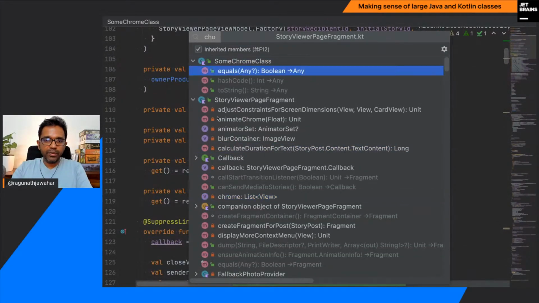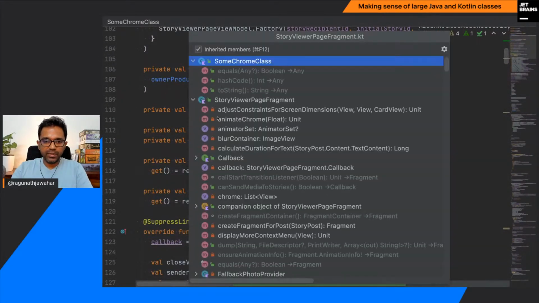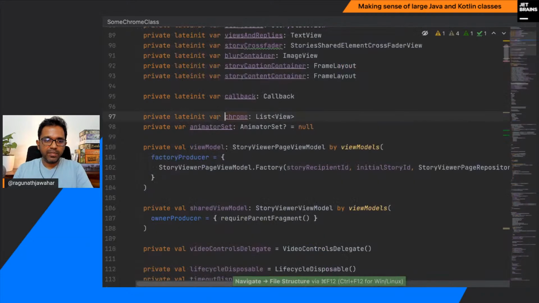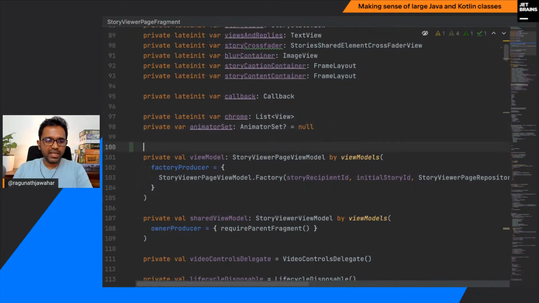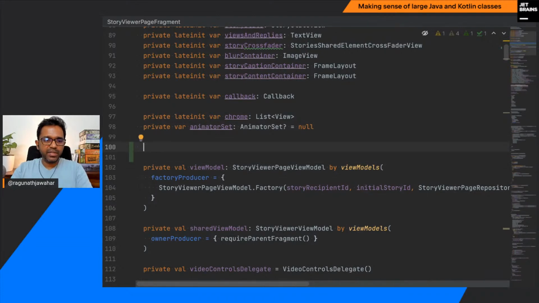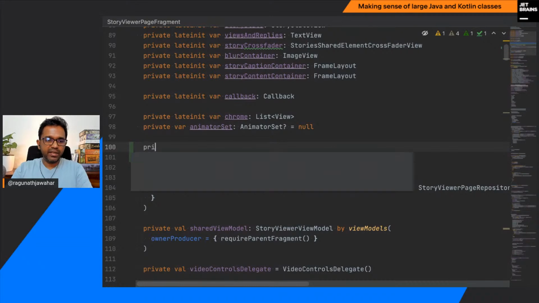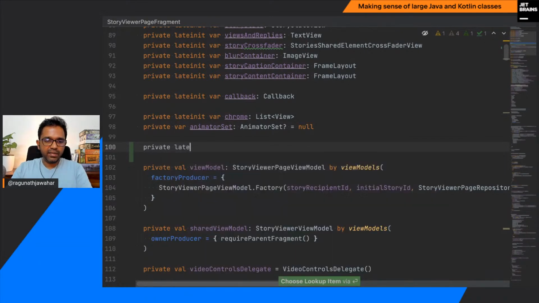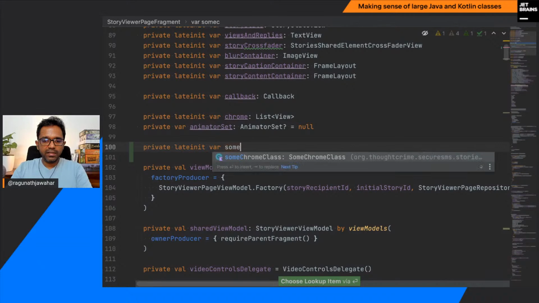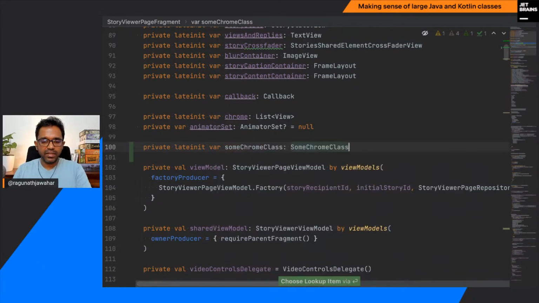So I'm going to go to the Chrome thing, and put this class pretty close here, right? I'm going to make it a late init. So I'm going to say private late init var some Chrome class, right? That looks good.